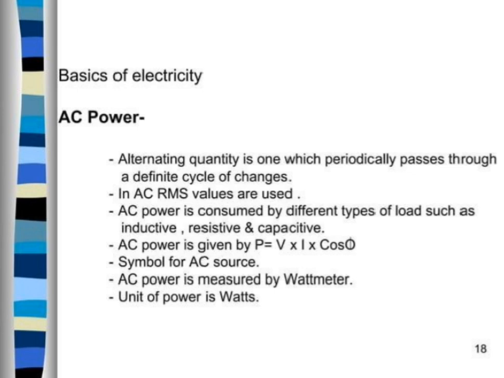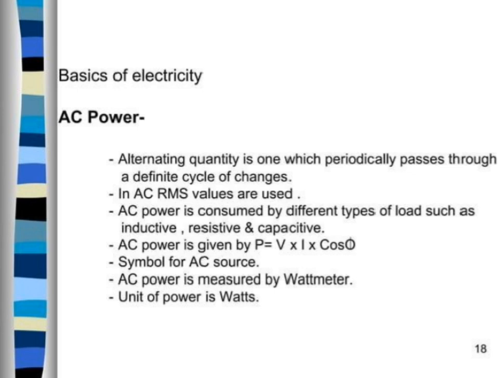P is equal to V multiplied by I and multiplied by cos. AC power is also measured by a wattmeter, and its unit is watts.